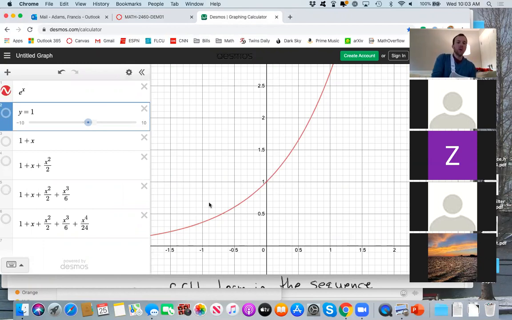On the one hand, this isn't the most relevant question because, well, if you want to compute e to the x at some point, just put it in your calculator. Well, questions that can be asked are, what if you only had a 4-function calculator? Or what is your calculator doing?